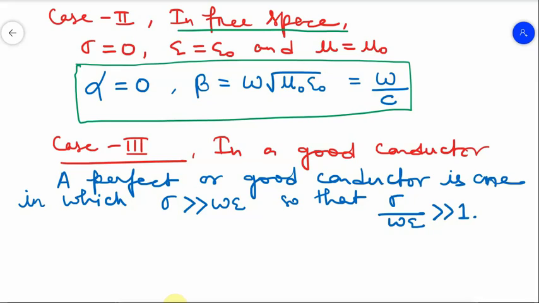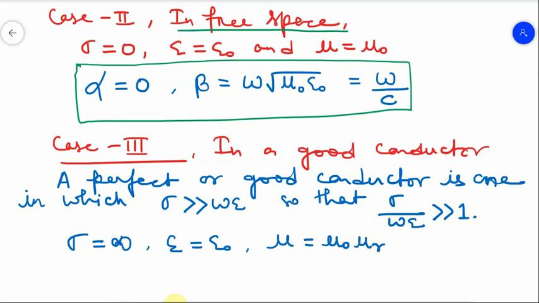So in this case, it is a perfect conductor. The considerations are that sigma, the conductivity, is infinite, epsilon equals epsilon 0, and mu equals mu 0 mu r.